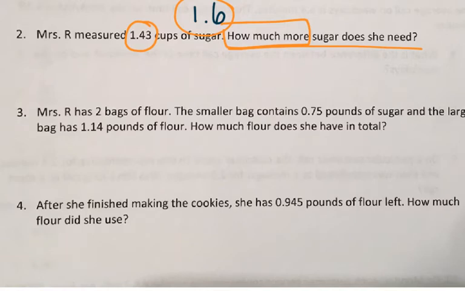We know from number 1 I need 1.6. If you look at your keywords, one of them says how much longer, how much shorter, or how many more. So we can combine those into how much more. So we're going to be subtracting. So I take my 1.6 and I subtract 1.43.